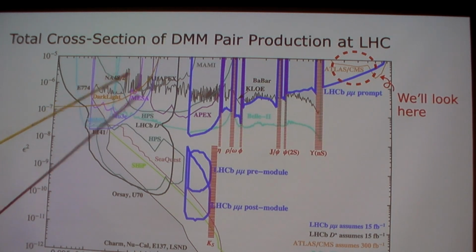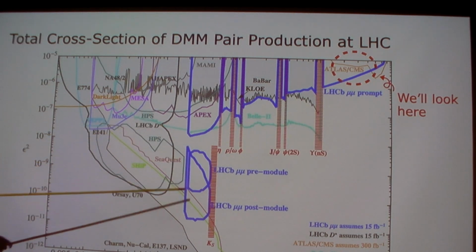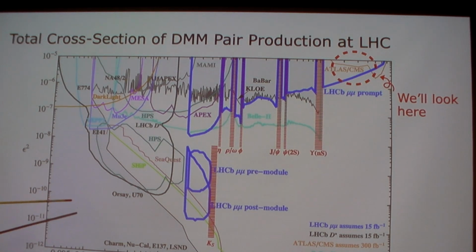This is the parameter space that has been ruled out or will be ruled out in future experiments from this paper. And here the horizontal axis is the dark photon mass, the vertical is the kinetic mixing squared. So let's be optimistic.